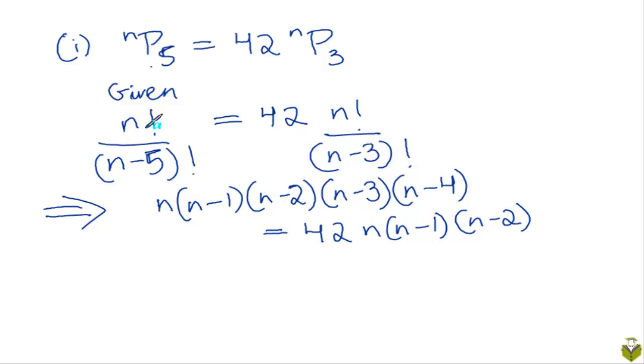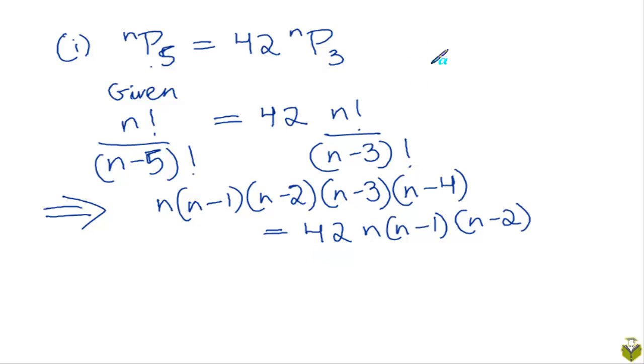I won't go into all the steps, you should get used to it. Basically n factorial is n into (n minus 1) into (n minus 2) into (n minus 3) into (n minus 4) into (n minus 5) factorial, and the (n minus 5) factorial will cancel, and similarly (n minus 3) factorial will cancel, and you will be left with n into (n minus 1) into (n minus 2), right?